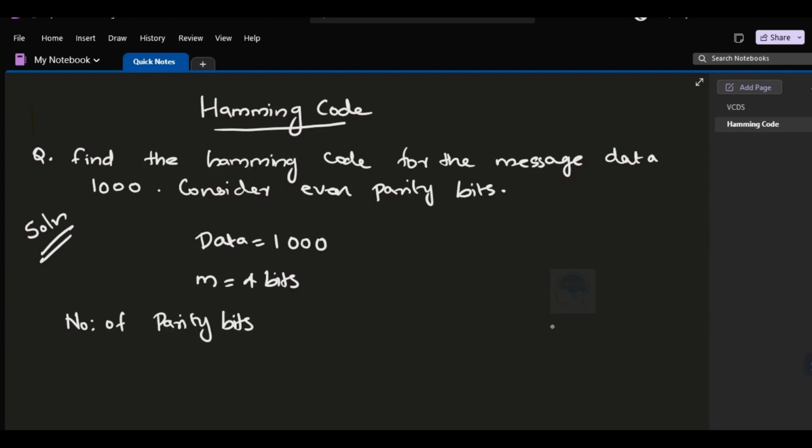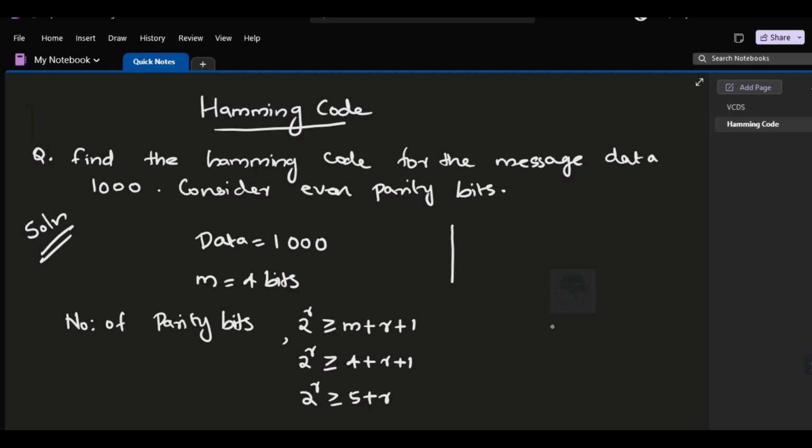We find it using the equation 2 power r greater than or equal to m plus r plus 1. Substituting m equal to 4, we get 2 power r greater than or equal to 4 plus r plus 1, which is 2 power r greater than or equal to 5 plus r.